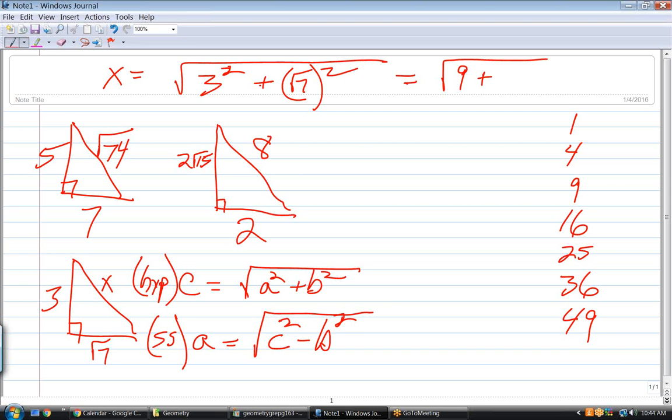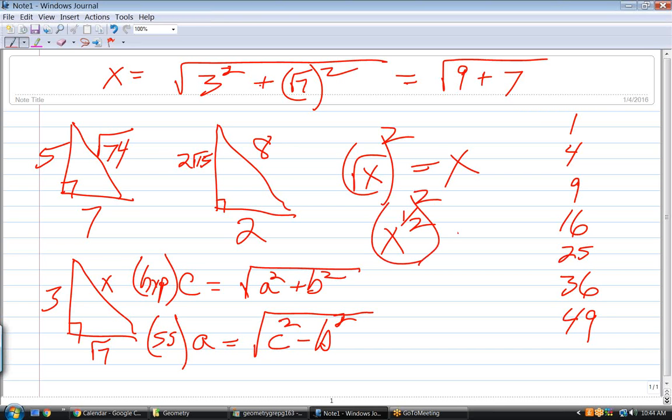Well, actually you're right, you said it right. But what is the square root of 49? 7. Okay, so that's what goes there. In other words, anytime you take the square root of x and you square it, you get x. Notice what this is. This is x to the 1/2. That's the square root of it.